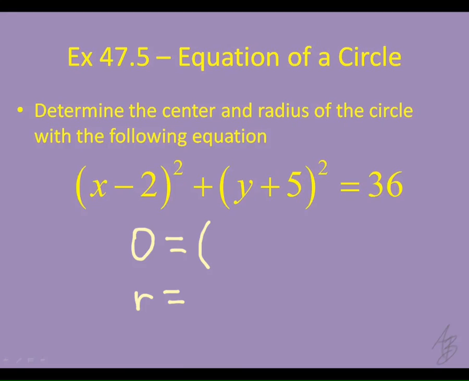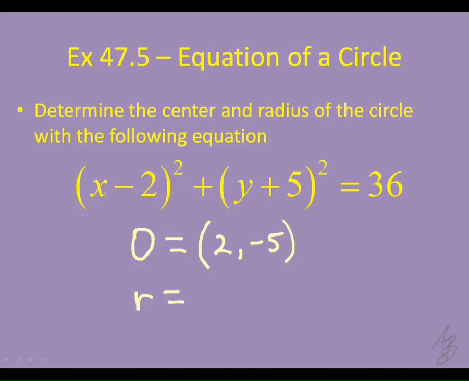Raven? 2, -5. Okay, and how'd you get that? Because H and K is what 2 is and 5 is positive, so that means that it was negative. Yeah, exactly.